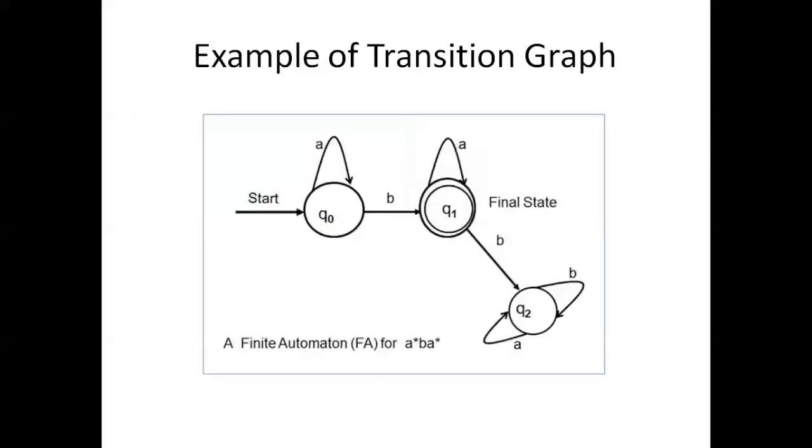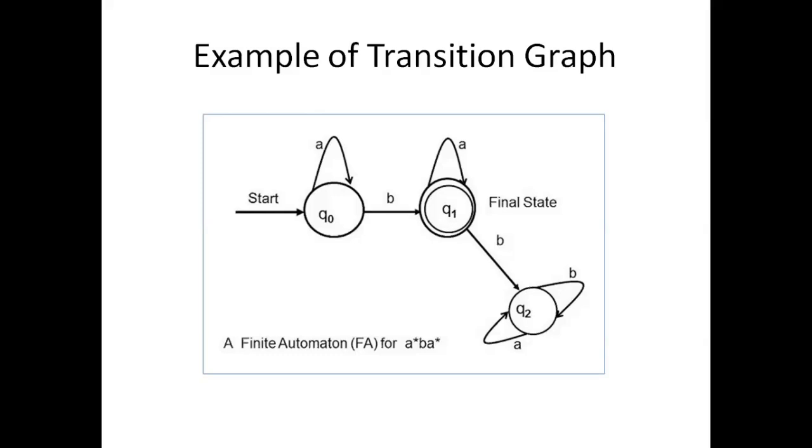let's see an example. Here you can see there is a starting state represented by q naught. This is the starting state of the DFA, and then arrow marks are shown. These show the transitions, and on top of the arrow mark there is an input symbol. If you see in q naught, it takes an input symbol a and then it remains in the same state.